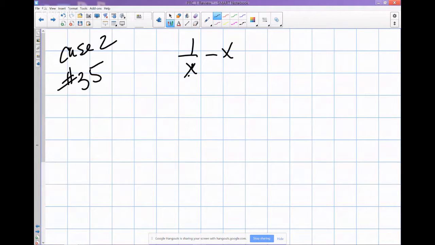1 over x minus x is greater than 0. This time, in case 2, we're going to say x is less than 0. When we multiply through by x, we're going to get 1 minus x squared, and I have to reverse this. Why? Because I just multiplied by a negative.